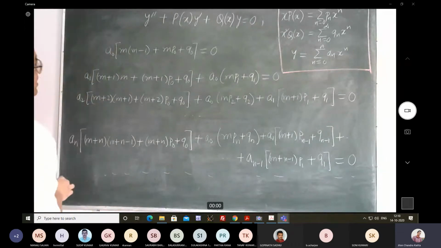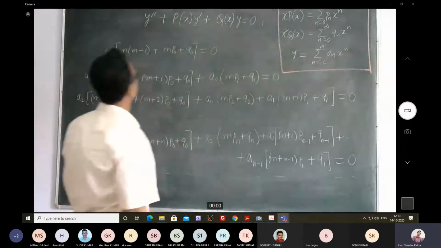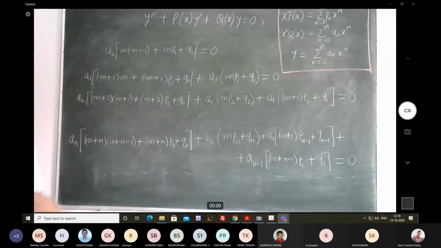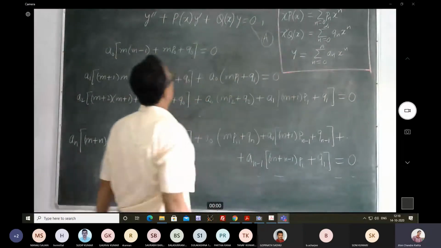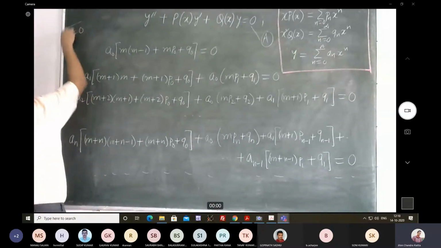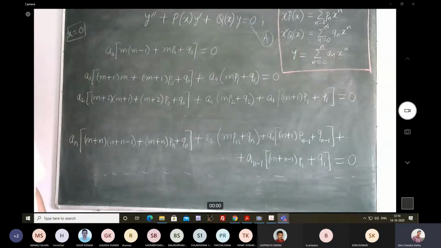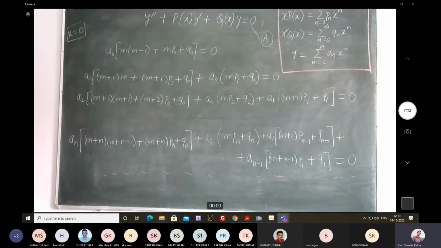Towards the end, I was considering the linear homogeneous equation given by this equation, say A, and we were assuming that x equal to 0 is a regular singular point for the equation A, fine.